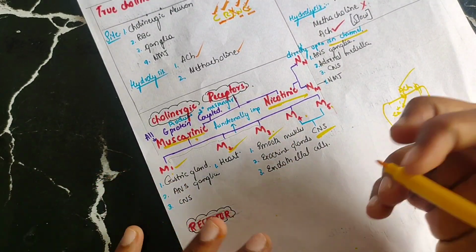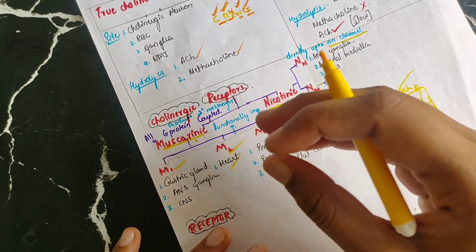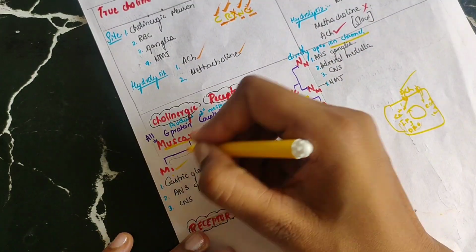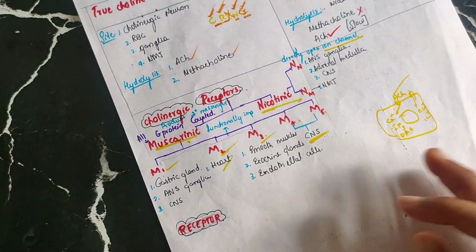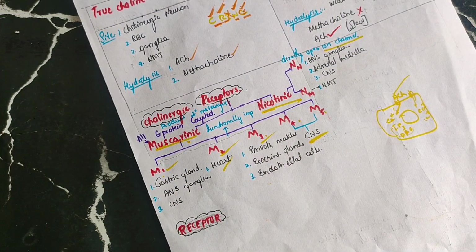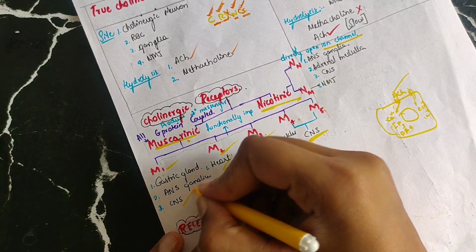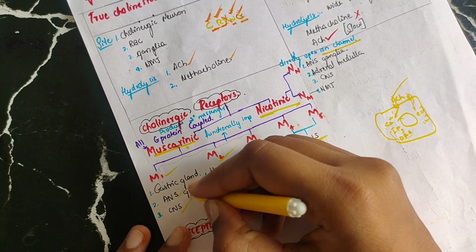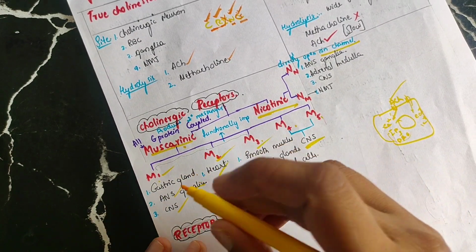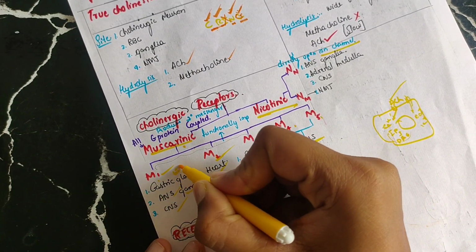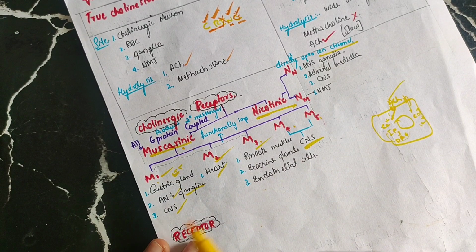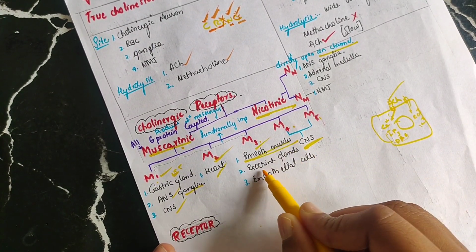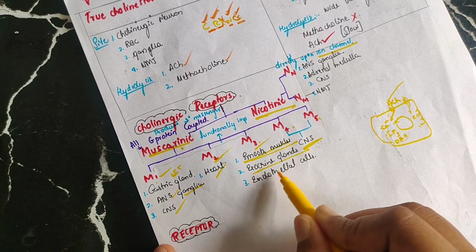M2 are present only in the heart. Only in the heart we'll see M2 receptors, whereas M1 receptors you remember like CNS, the brain, and then in the autonomic nervous system, the ganglion, and M1 mainly in the gastric glands, GIT. Whereas all smooth muscles except GIT have M3 receptors, and then exocrine glands and endothelial cells.